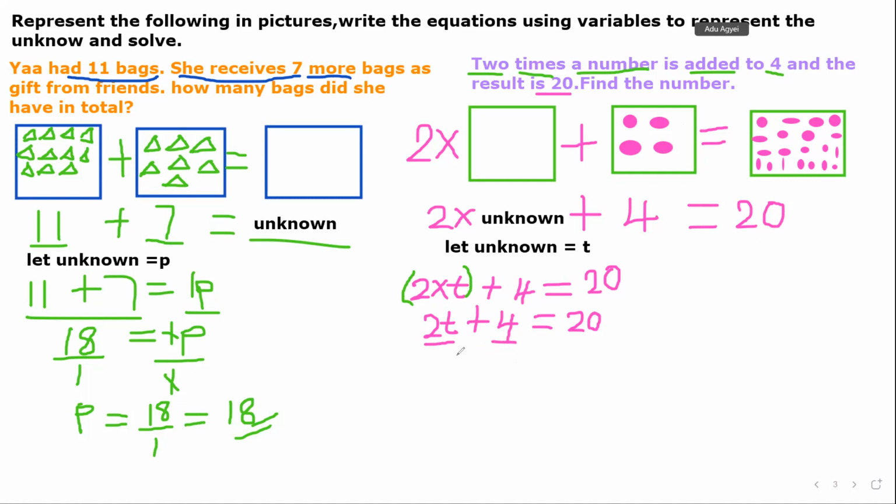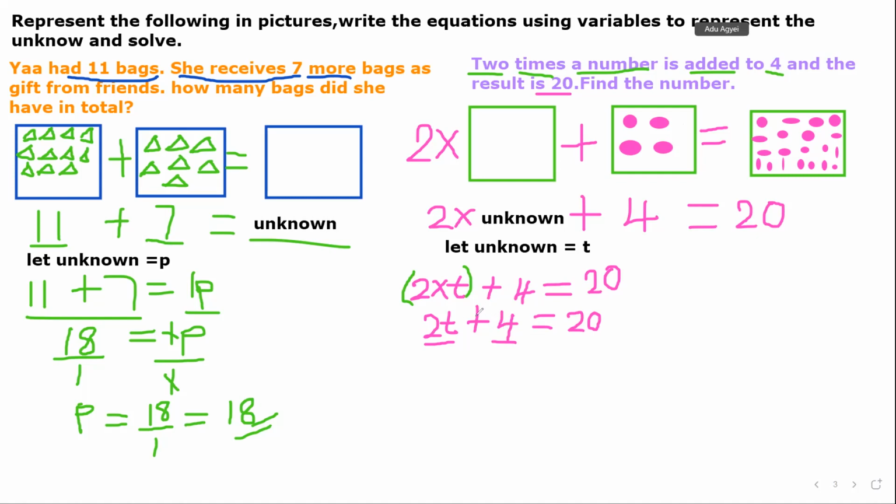So the only thing you have to do is maintain the letter term, because we have a number already here, and then move this 4. In order to vanish this 4, because it's a positive 4, you need to subtract 4 from both sides because of the equal sign.